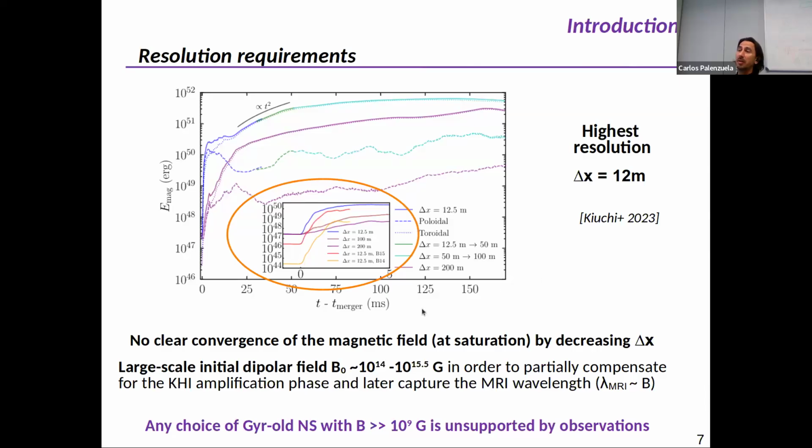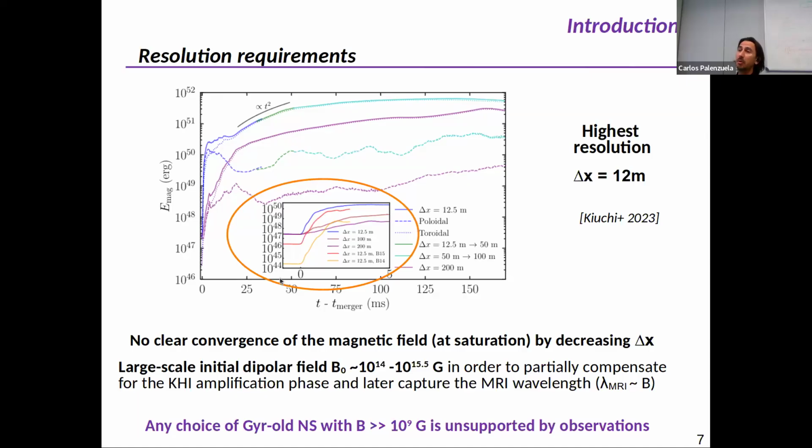So people, in order to balance this lack of resolution, start with a large scale initial magnetic field to compensate for the turbulent dynamo that we cannot capture during the merger, with the hope that later we will be able to capture the dynamical processes associated with the rotation that are proportional to the magnitude of the magnetic field.